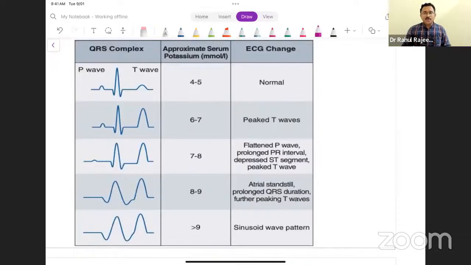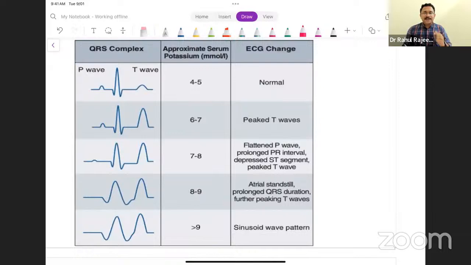Let me tell you, based on the values of serum potassium in milliequivalents per liter. If you look at various standard textbooks, there can be slight variation in the values of potassium that you might see for the corresponding ECG changes, but that's okay. You have to roughly know the range and the ECG changes according to it.